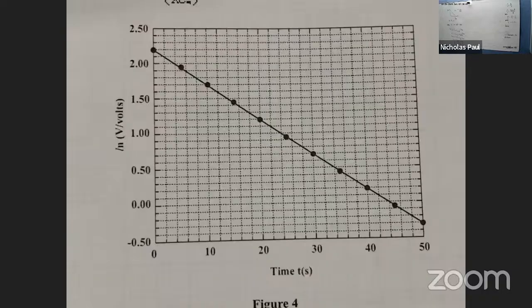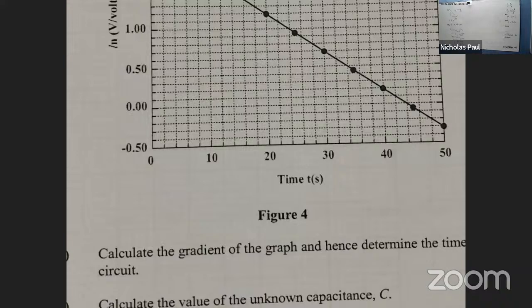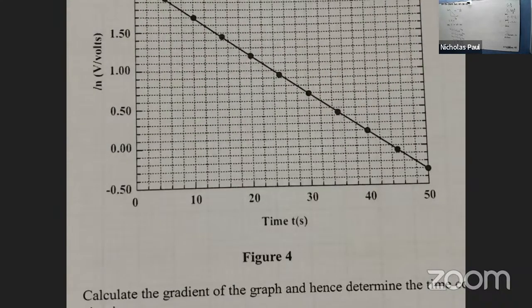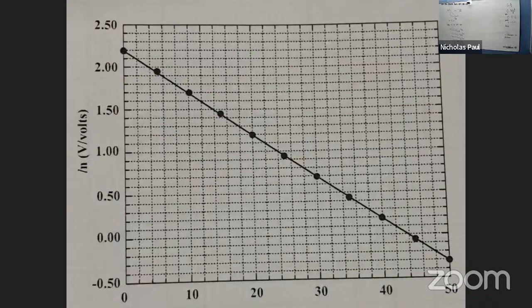Right? Here is the graph. They want you to calculate the gradient and hence find the time constant. Go ahead. Let's find the time constant again. Time constant is what? That's the definition, but the formula is RC, right?